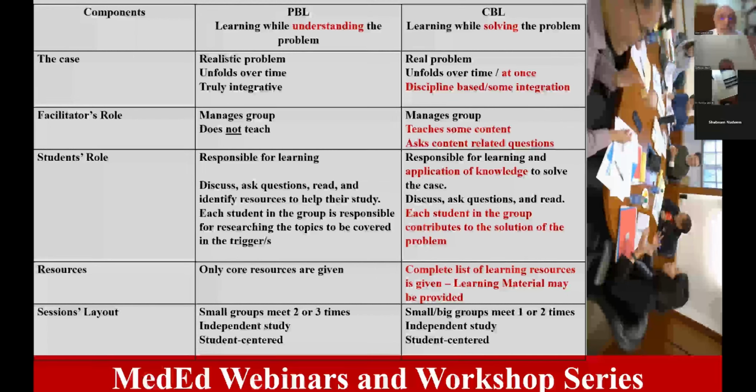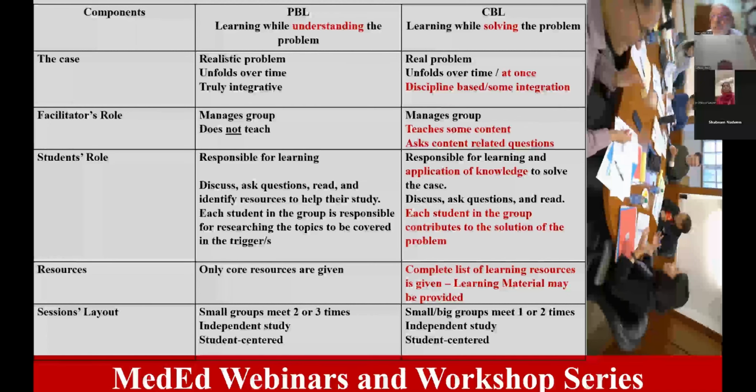Coming to resources, in PBL, only core resources are given, whereas in case-based learning, a complete list of learning resources is given, and sometimes materials may be provided as well. The sessions layout: in PBL, there are small groups.